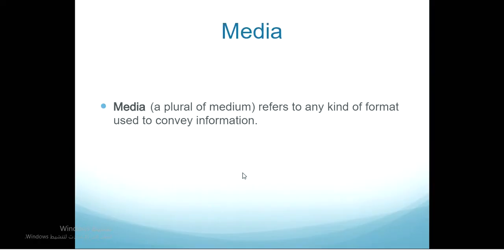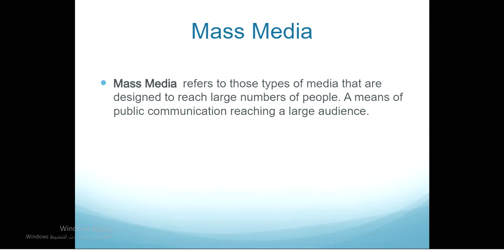Media is a plural of medium, which refers to any kind of format used to convey information. And mass media refers to those types of media that are designed to reach large numbers of people, a means of public communication reaching a large audience.